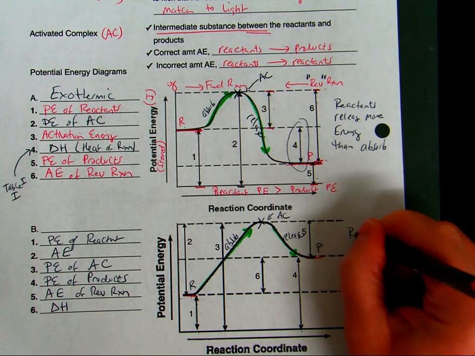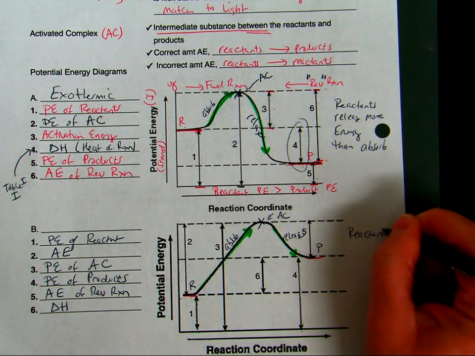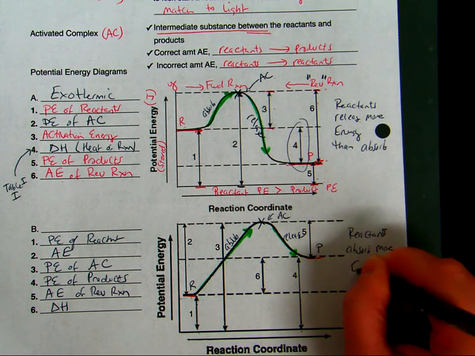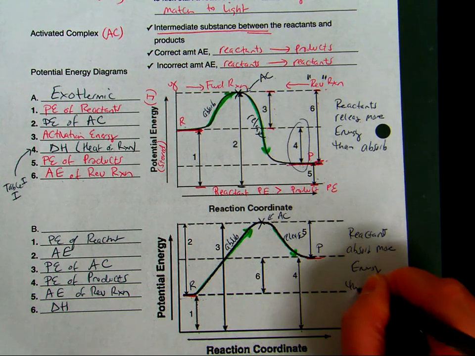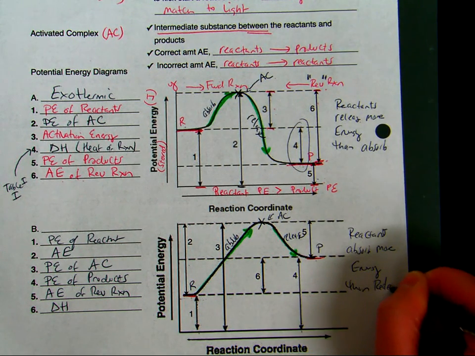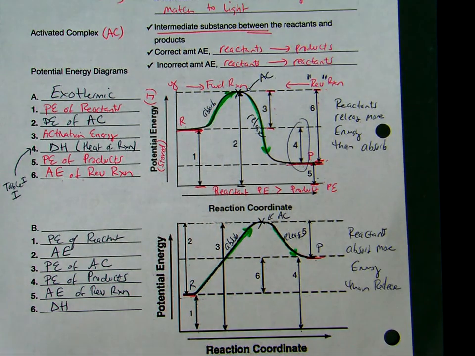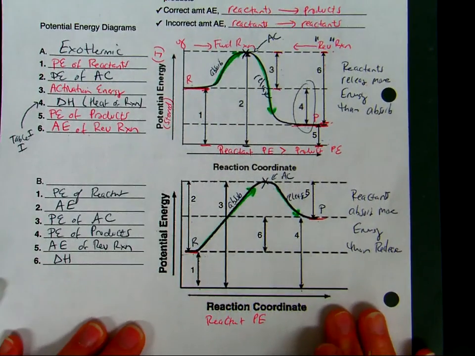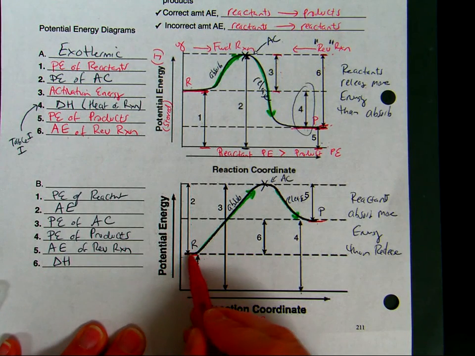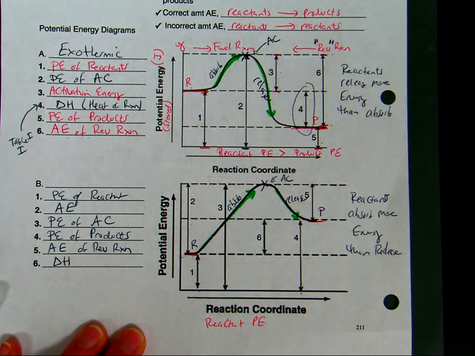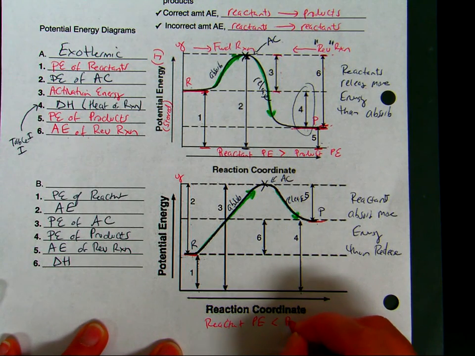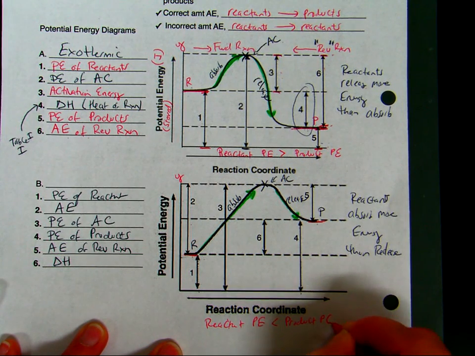So in this case, the reactants absorb more energy than release. And as a result, the reactant PE, oops, let me move that up, so the reactant PE, look at it, it's lower, it hits the y-axis in a lower position, right? So the reactant PE is less than the product PE.